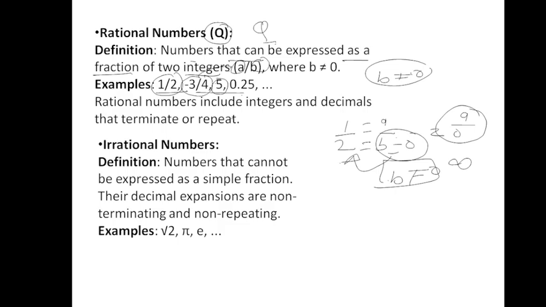Rational numbers include integers and decimals that terminate or repeat. What is terminating? Suppose 1 by 2. When we solve this fraction, we get 0.5. This is an example of terminating. After the decimal, the digit is 5, and it is not continuously growing.